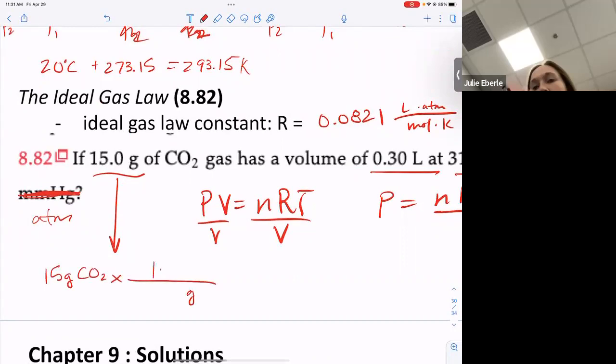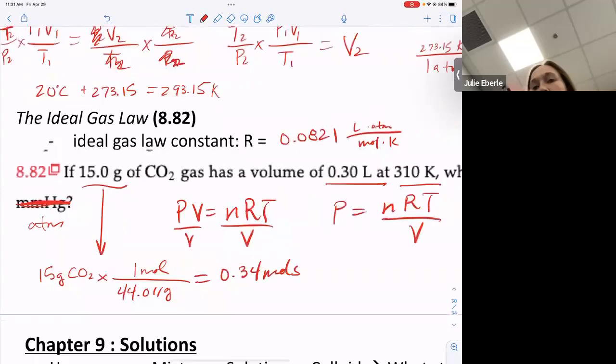How many grams are in 1 mole? Carbon is 12.01, oxygen is 16 times 2 is 32, plus 12, 44. Somebody throw this in your calculator. 15 divided by 44 should be roughly 0.3. 0.34?